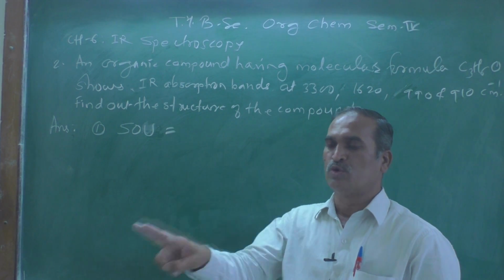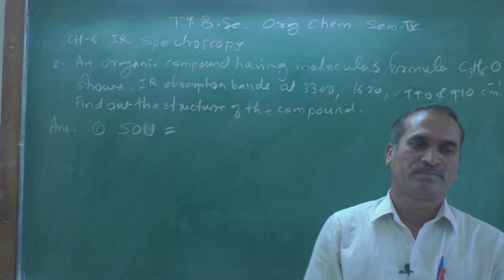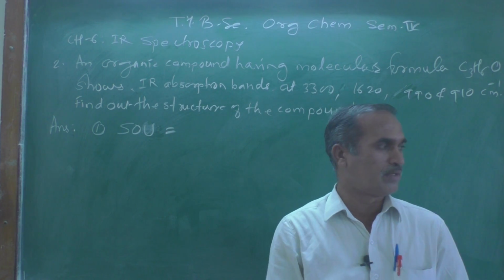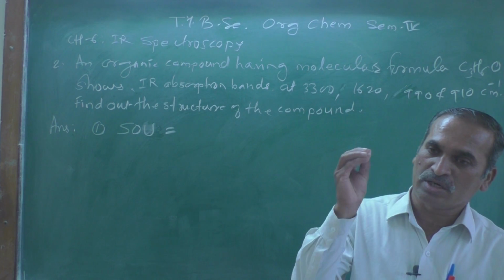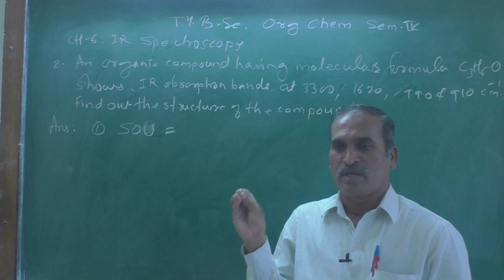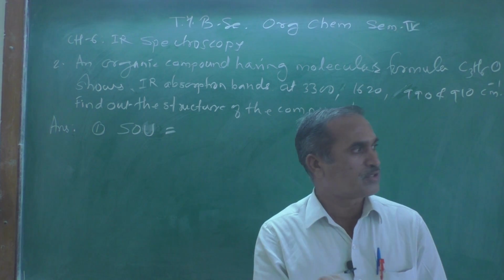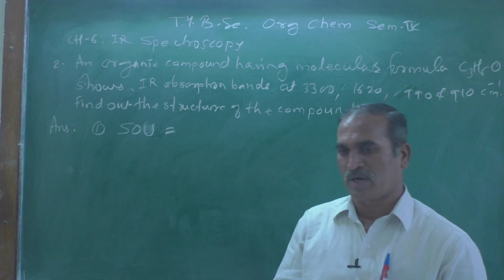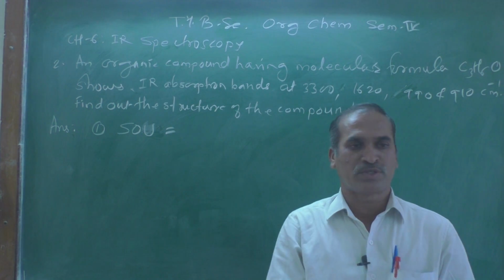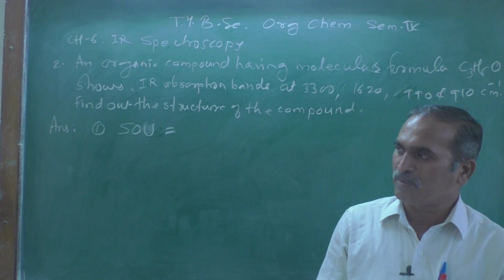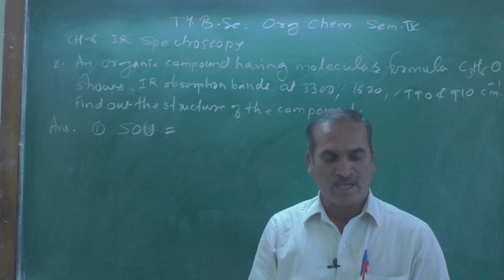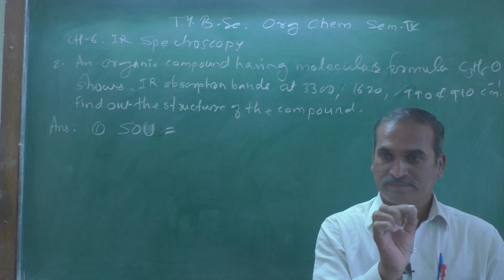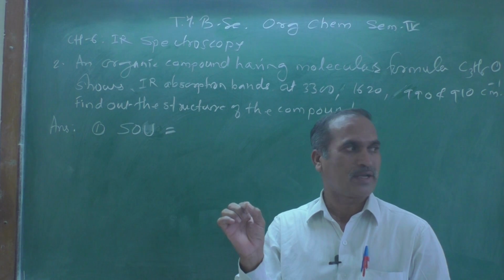Method number one is the most commonly used method for determining the site of unsaturation of an organic compound. There are 3 points to remember. What are those 3 points? A is the atom.